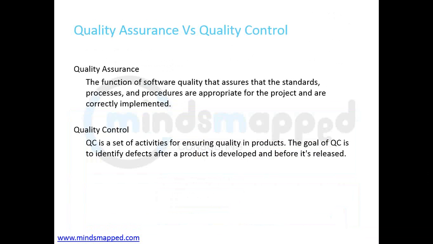Quality control is nothing but the software testing process where you identify that the completeness, correctness, quality and security of the software is fine. And the aim of the quality control process is to identify your defects after the product is developed, before releasing to the customer. So these are the two differences between quality assurance and quality control.